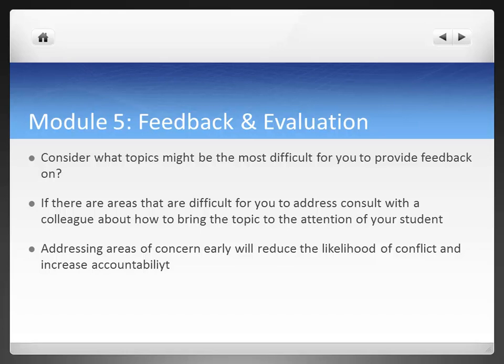Oftentimes, it's important to consider what might be the most difficult areas for you to provide feedback on. If there are areas that are difficult for you to address, then finding a colleague that you can talk to about this and get their ideas about how to bring that topic to the attention of your student can be helpful. Certainly, you can always reach out to your faculty field liaison and ask for their input.